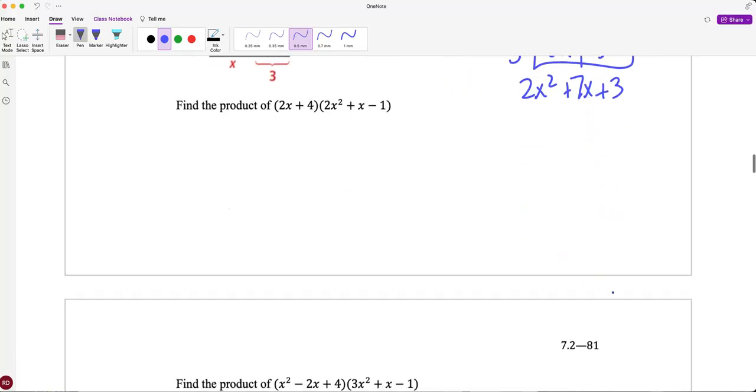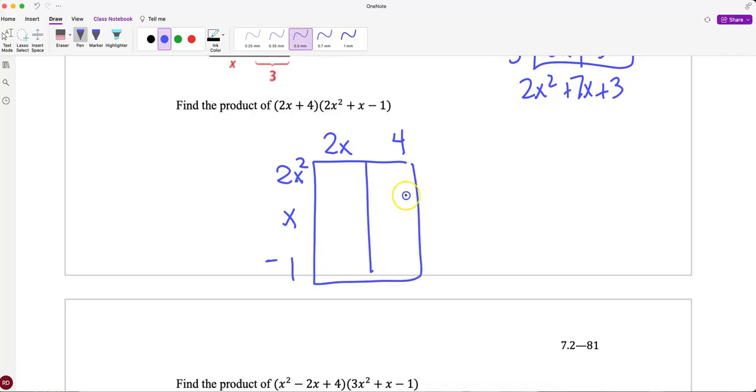Find the product of, this is now a binomial and a trinomial. 2 things multiplied by 3 things will give me 6 things. So if I set this up in a table, 2x, 4, 2x squared, x minus 1. 2x squared times 2x is 4x cubed. 2x squared times 4, 8x squared. 2x squared, 4x, minus 2x, minus 4.